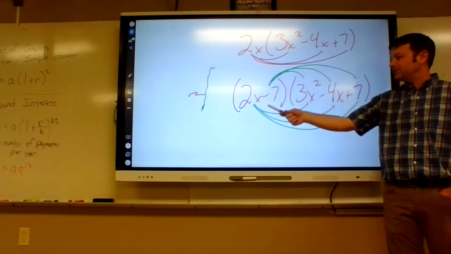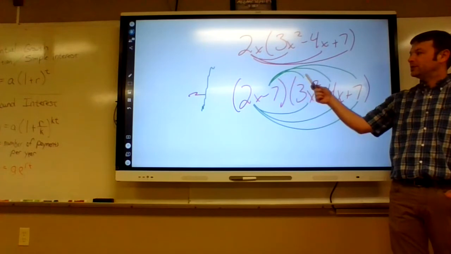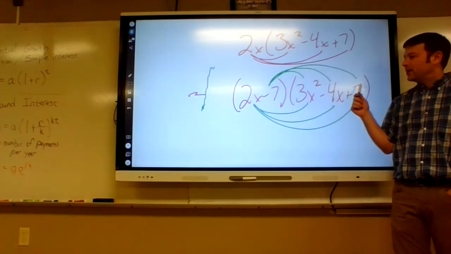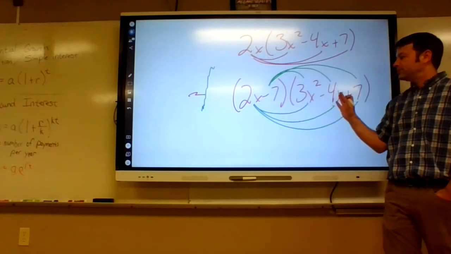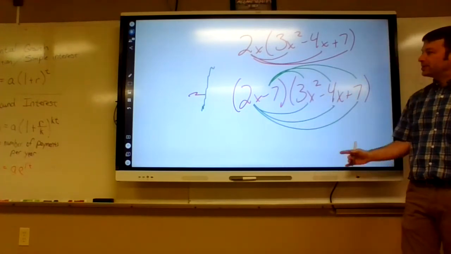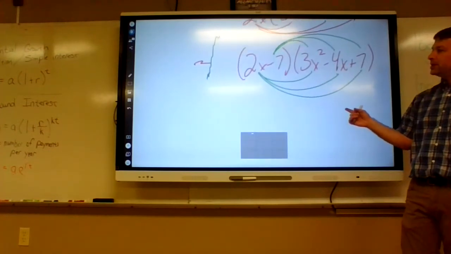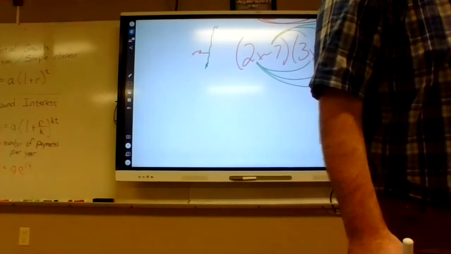You guys see it? 2x times all those and -7 times all those, 6 terms. You could also go the other way. You could do 3x squared times both of those, -4x times both of those, 7 times both of those. That would work also. But let's go ahead and try number 5.